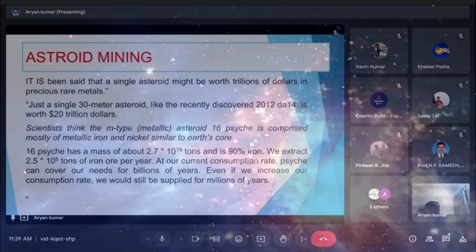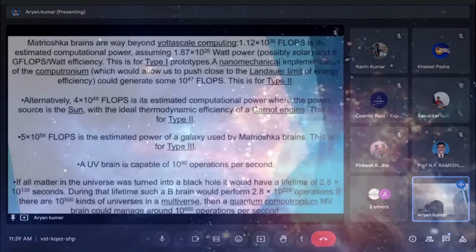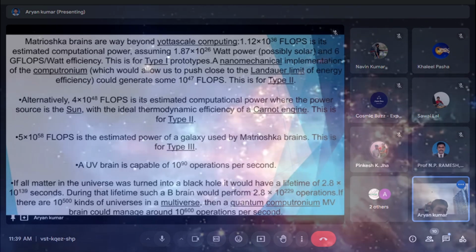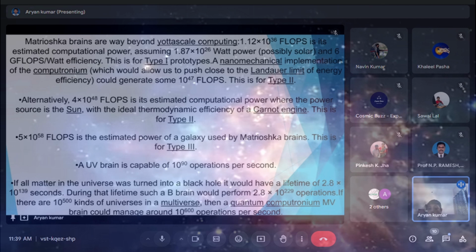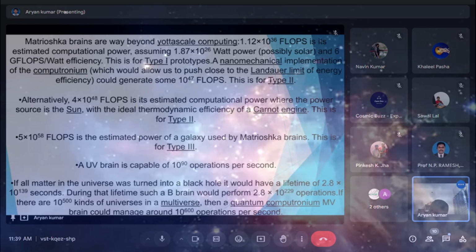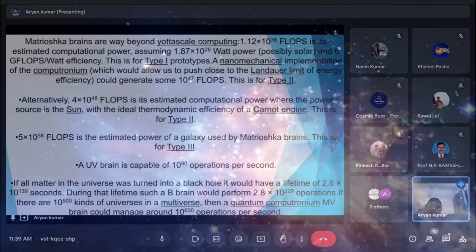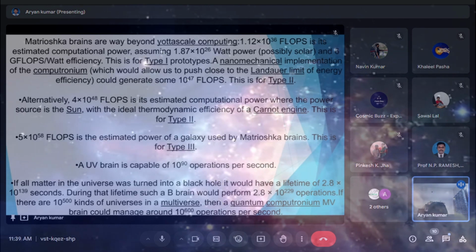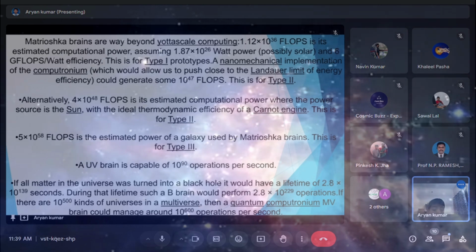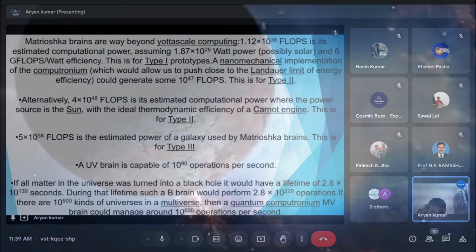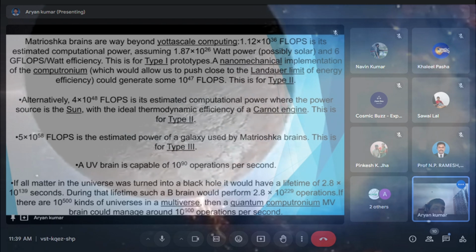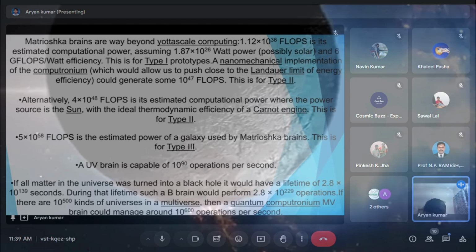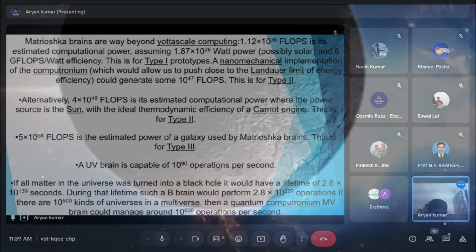Okay. And then we were on the Matryoshka brain. These are things composed of stars. If we get a star and use all its energy to make a computer, it would be called a Matryoshka brain. These are way beyond our understanding right now, and far better than any of the computers present today.